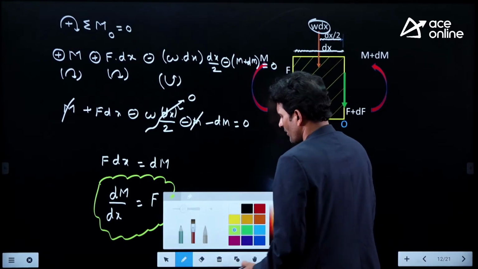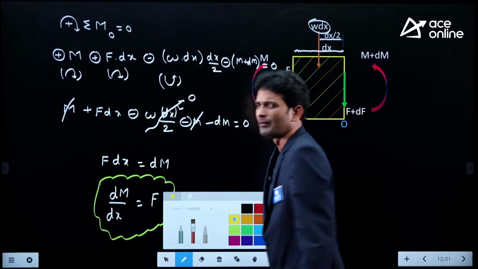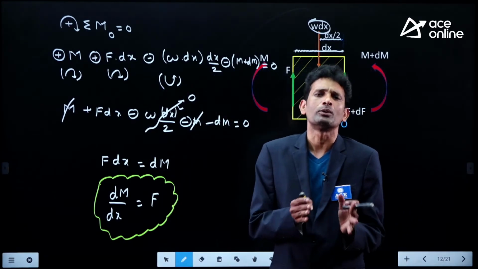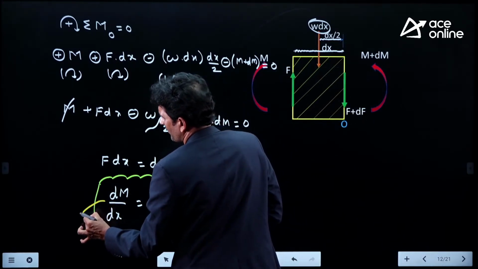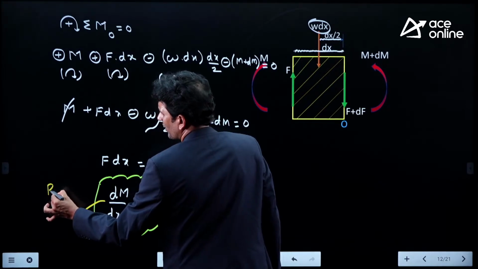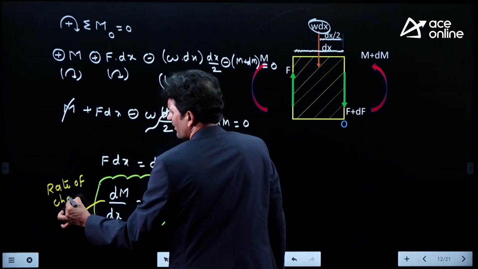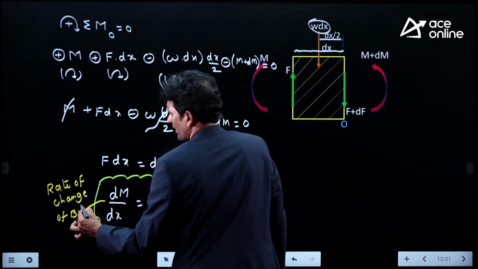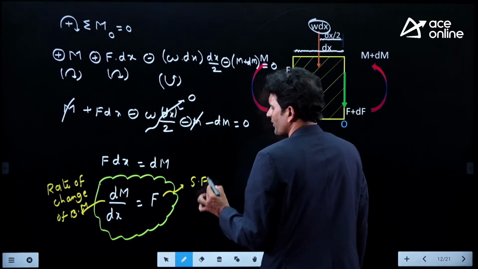Now, when you are observing the left side, look at here, dM is giving the change in bending moment between any two sections. If I take the change per unit length, this term we may call the rate of change of bending moment. The rate of change of bending moment, mathematically, should be equal to the shear force.